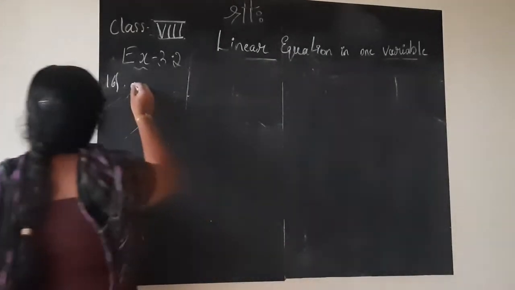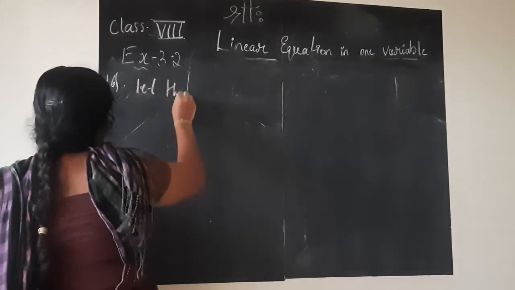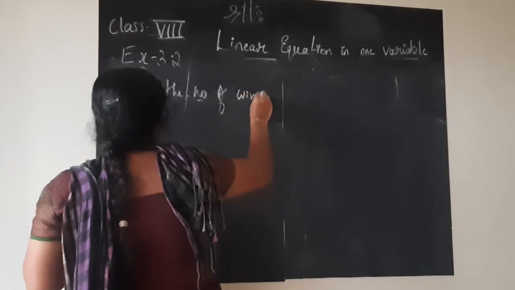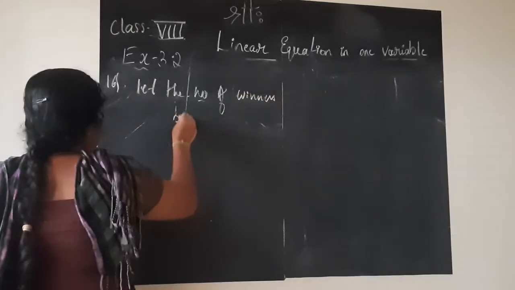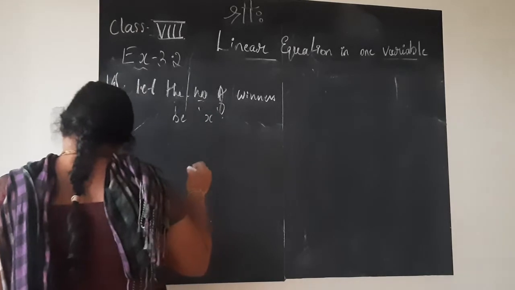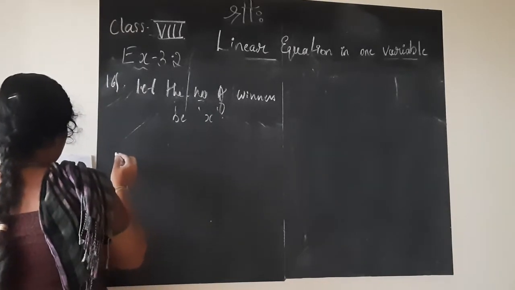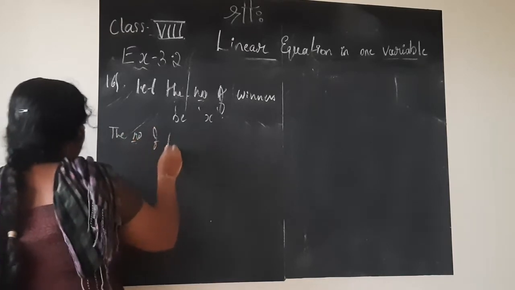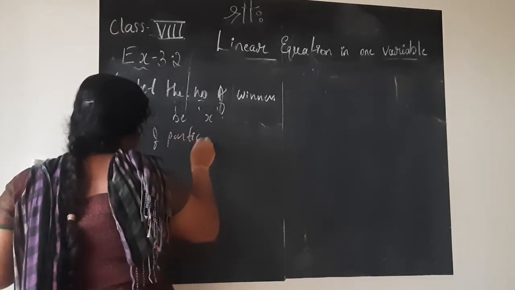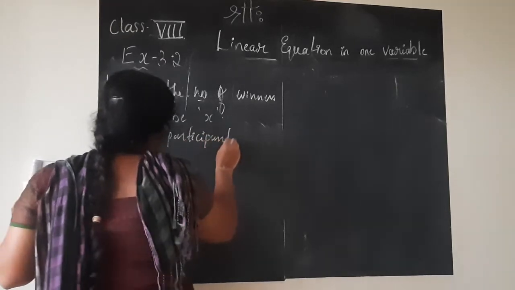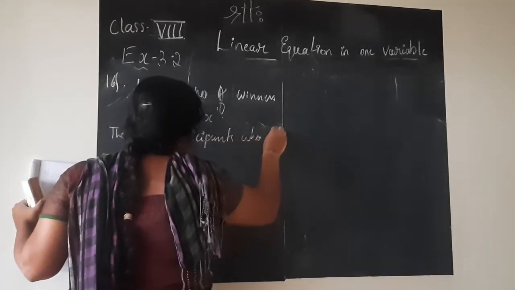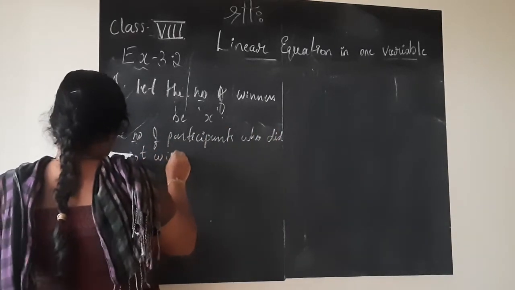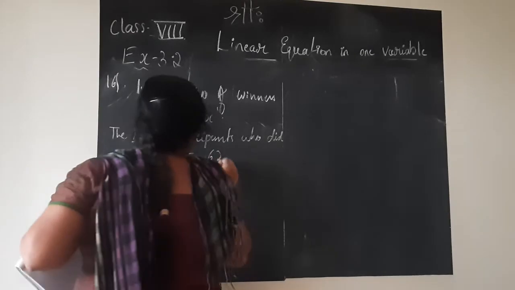So we don't know how many winners there are. So as usual, let the number of winners be x. The number of participants who did not win is 63 minus x.